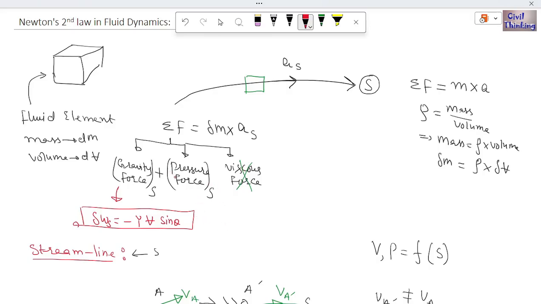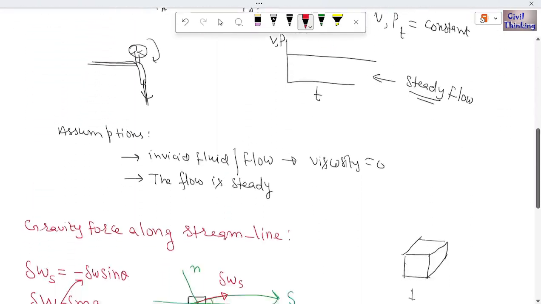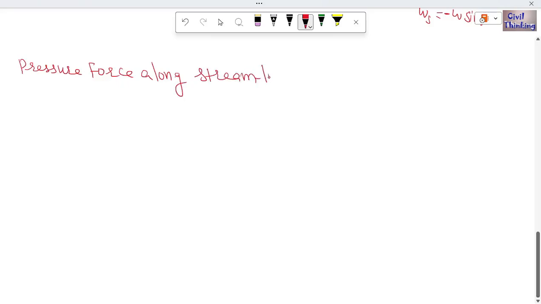So let us now begin with the pressure force along the streamline.